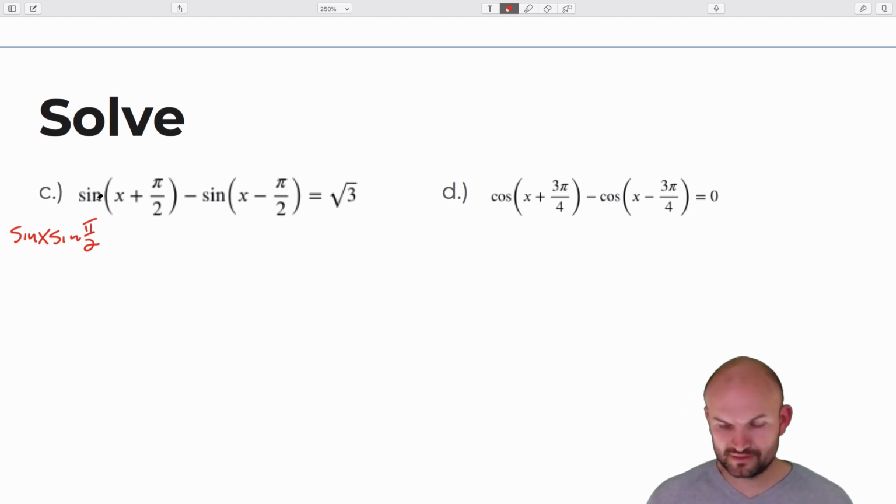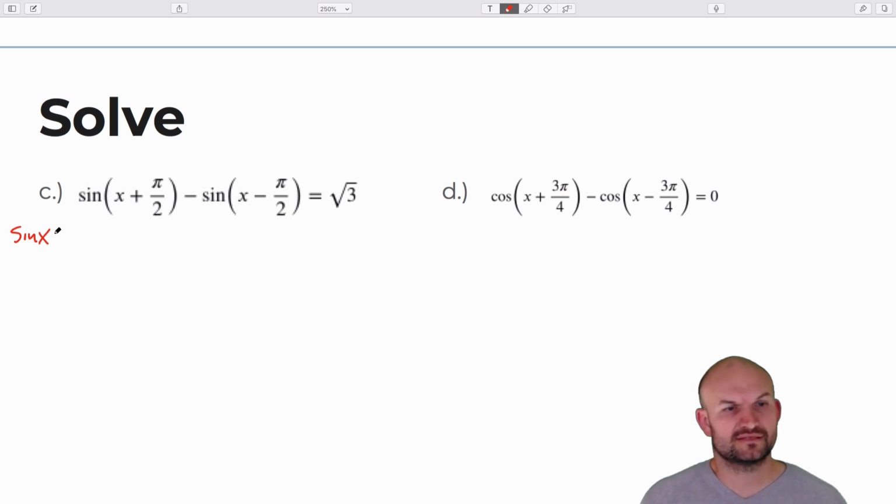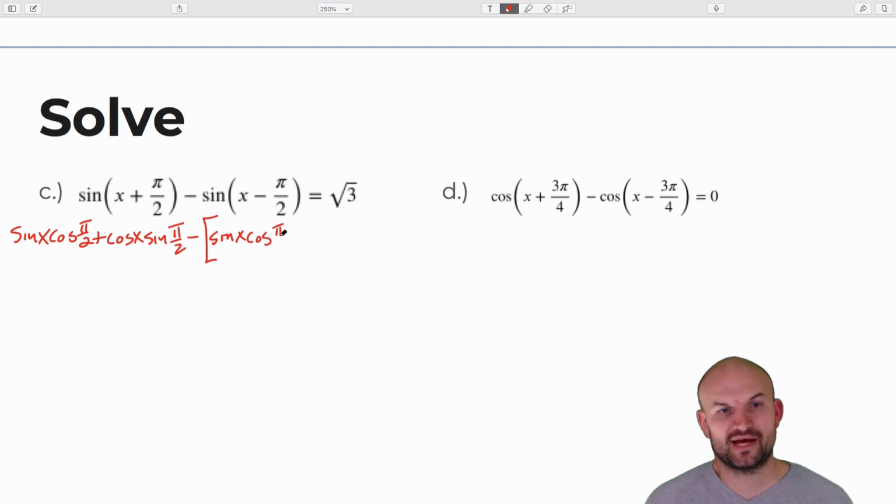So that's going to be sine of x times the cosine of pi halves, and that's going to be plus cosine of x, sine of pi halves, minus, so I'm going to use parentheses here, the sine of x, cosine of pi halves, and that's going to be minus cosine of x, the sine of pi halves, equals the square root of 3.